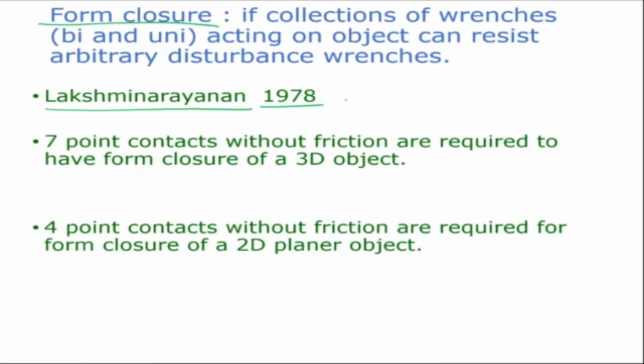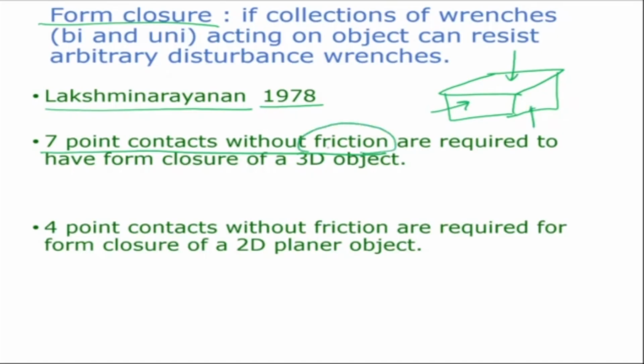He proved that if you have a cube like this and you want to hold it, in fact any shape, then you need 7-point contacts without friction to hold an object in form closure. Now, what is the definition of form closure?